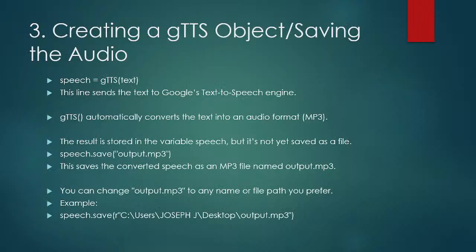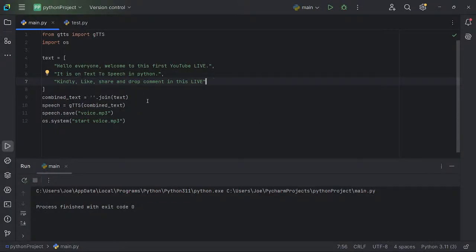This line sends the text to Google's text-to-speech engine and automatically converts the text into an audio format. This is the main line that converts the text into speech. Then after that, we saved it using speech.save.